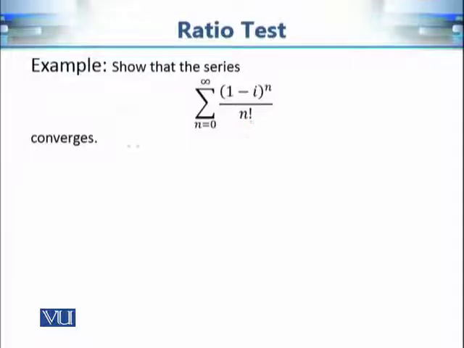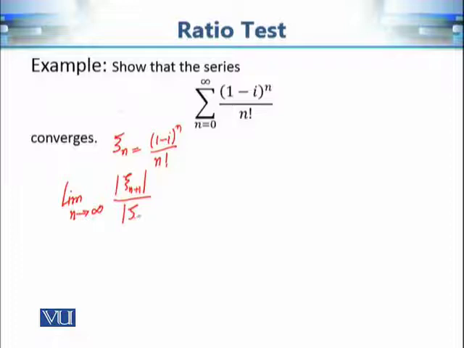Now over here, the nth term is equal to (1 minus iota) raised to power n over n factorial. Now what do we want to calculate? We want to calculate the limit as n approaches infinity of the modulus of the n plus 1th term divided by the modulus of the nth term.